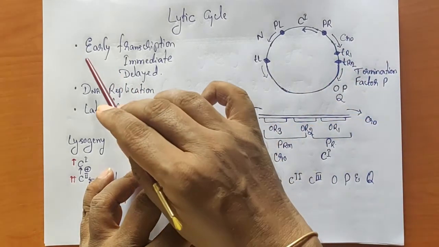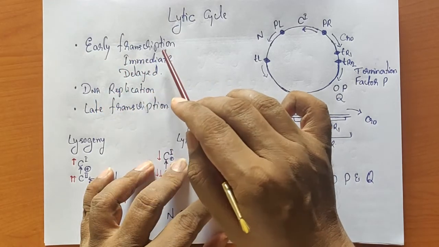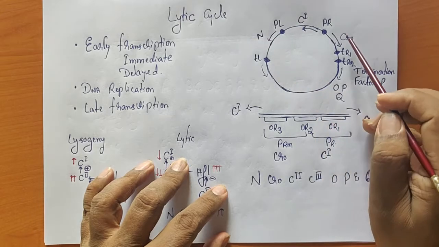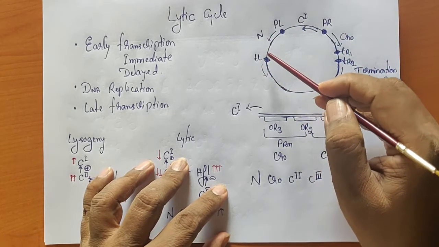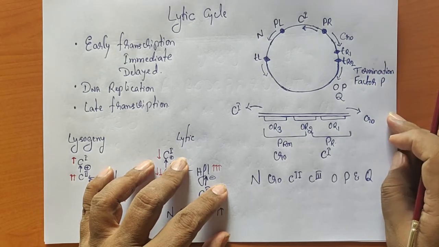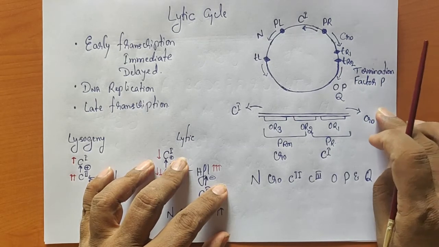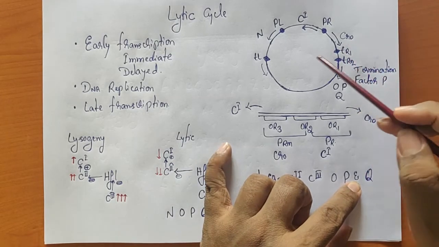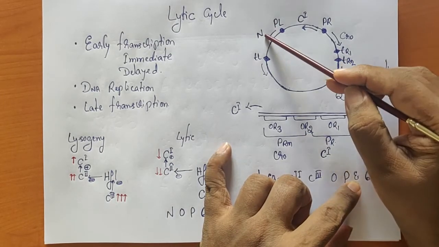So as a result, we only have the immediate early transcription that results in the synthesis of only N and CRO protein. Then further transcription is blocked because there is a host termination factor. This will bind to the TR1 and TR2. So what is the regulatory aspect of N?